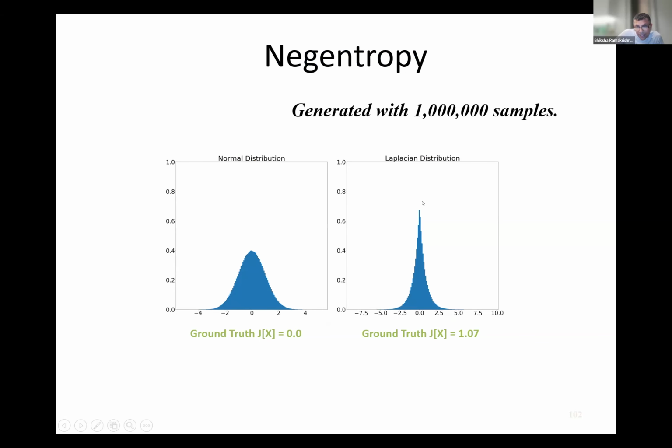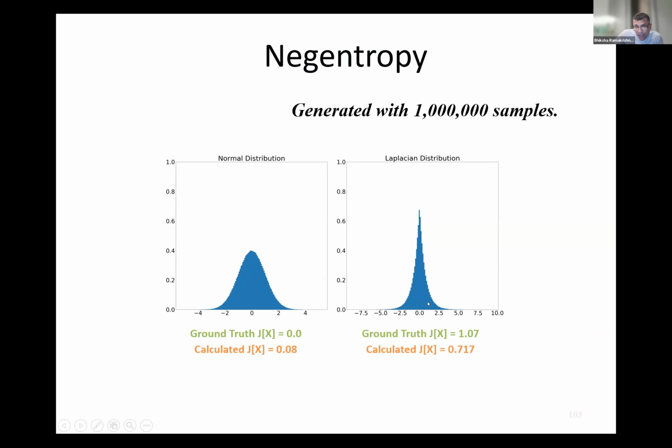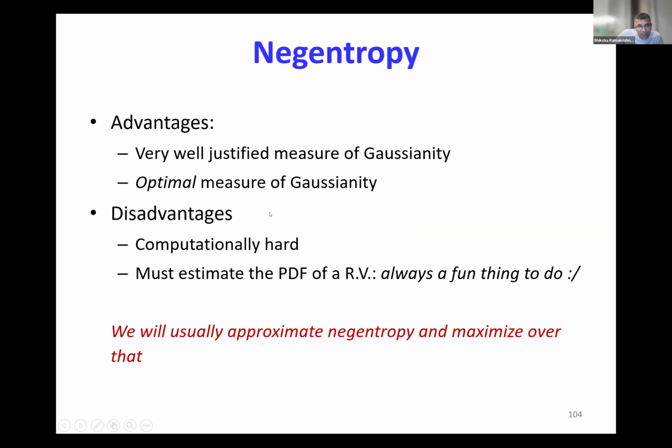On the other hand, if the data are Laplacian, you find that the negentropy is 1.07. And if you just do this using samples rather than the actual distributions, if I draw samples from it, you'll find that the negentropy is 0.08, whereas the negentropy for the Laplacian is 0.717. So drawing samples and computing the negentropy is actually an effective thing to be doing.